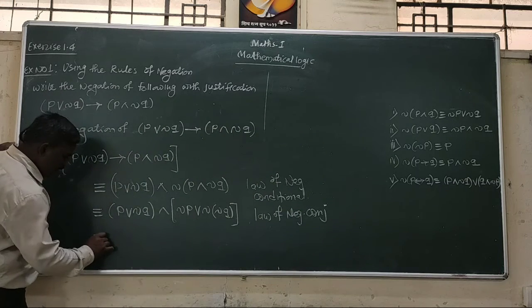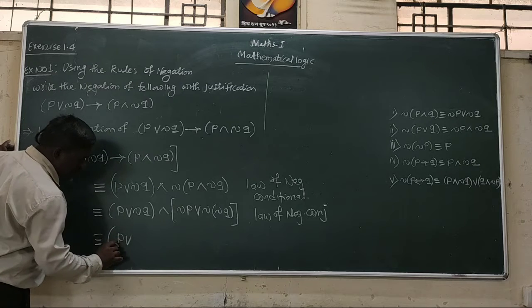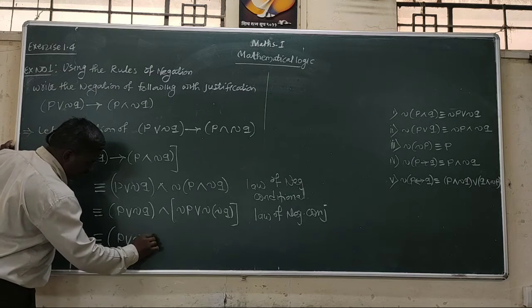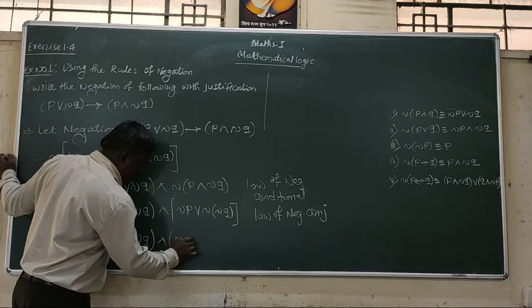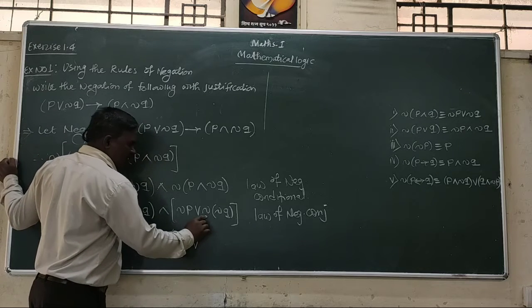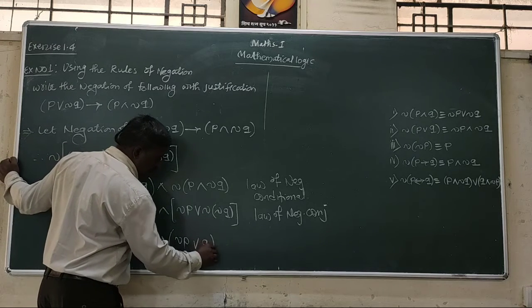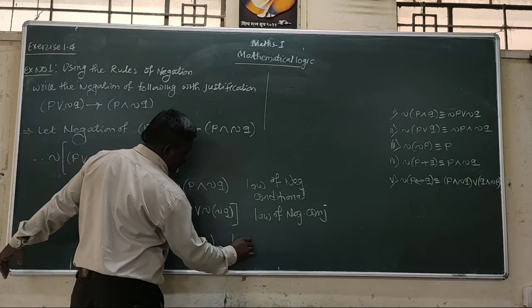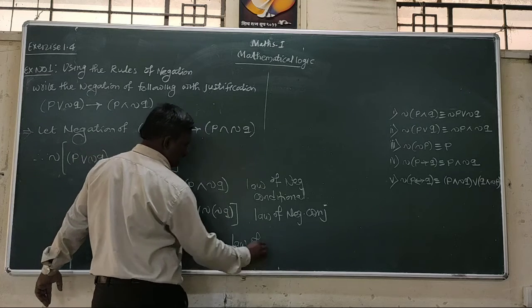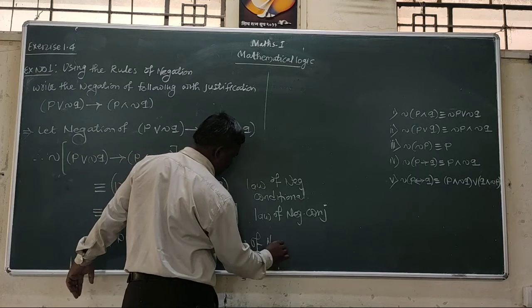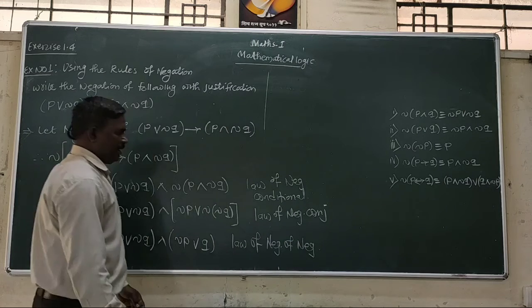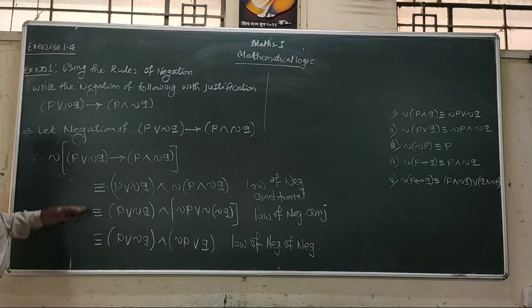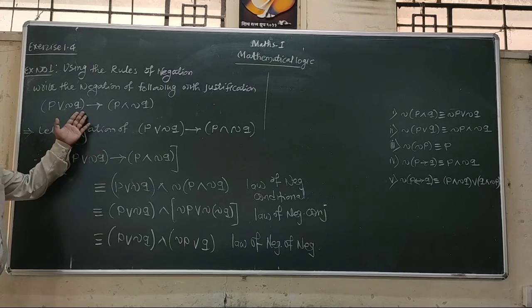Okay. Therefore, which is equivalent to the first bracket P disjunction negation of Q conjunction in bracket negation of P disjunction Q itself, by the law of negation of negation. Okay, that is the answer of this negation of this statement.